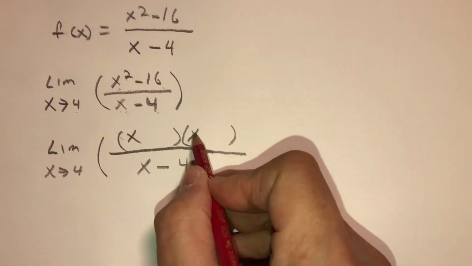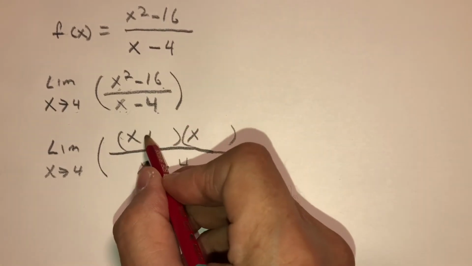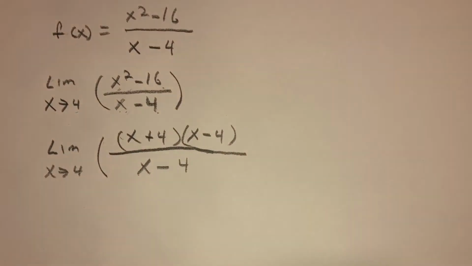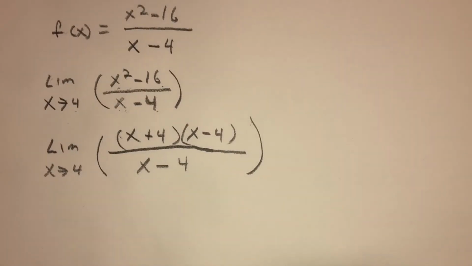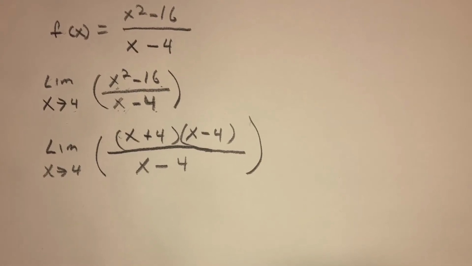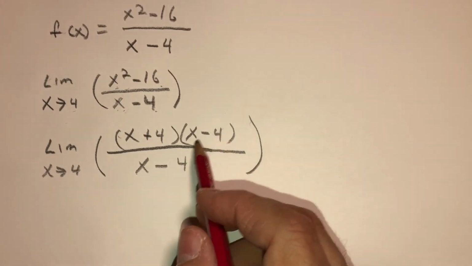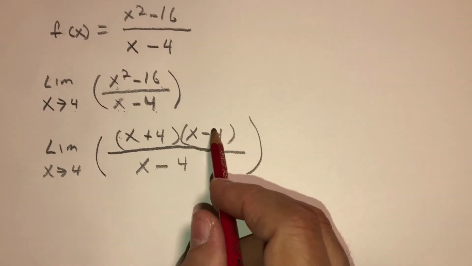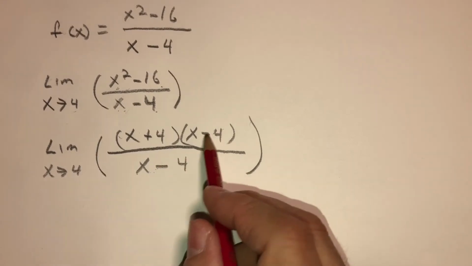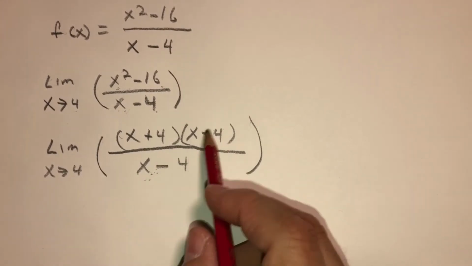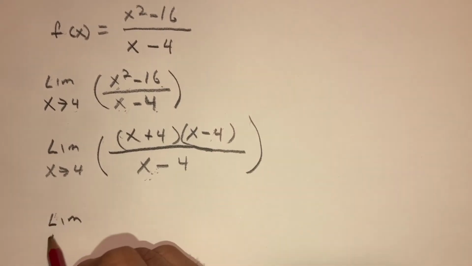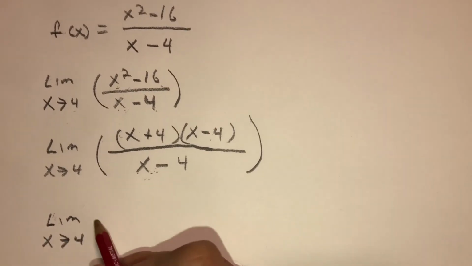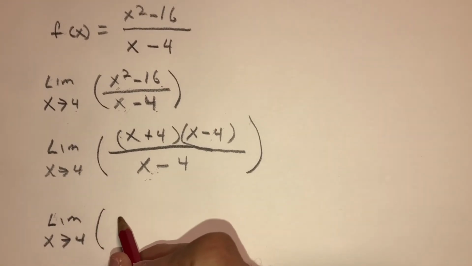So the numerator factors, it's a difference of 2 squares, so it's x plus 4, x minus 4. So what happens in this situation? Well, here we see this problem can divide out. If we were going to graph this, we'd say there's a hole in the graph at x equals 4. So what we'll do is divide that out and have this equivalent problem.